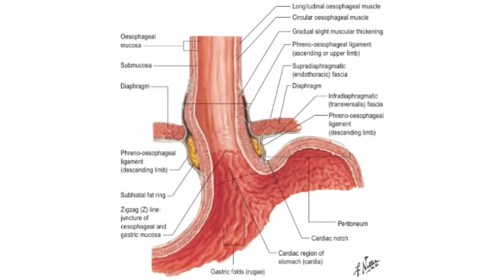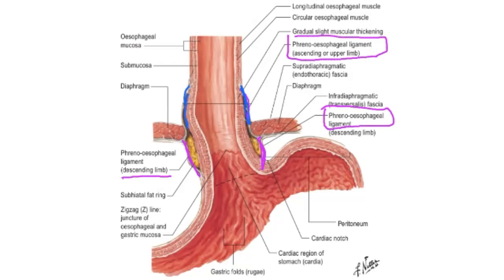So here you see the phrenoesophageal ligament, and again here. This is the ascending limb and this is the descending limb. The ascending limb is in the blue color, the descending limb is in the pink one.